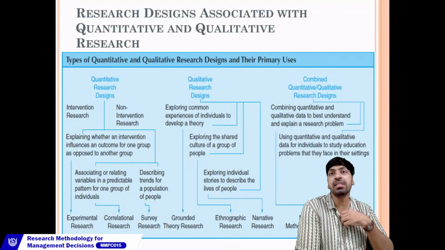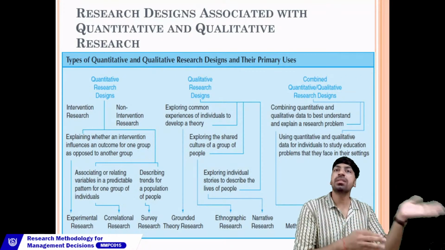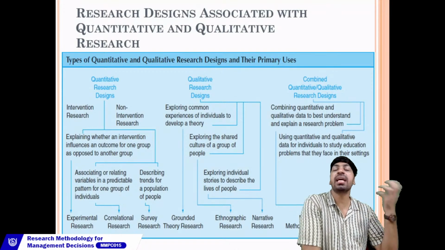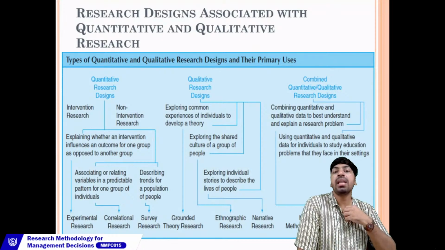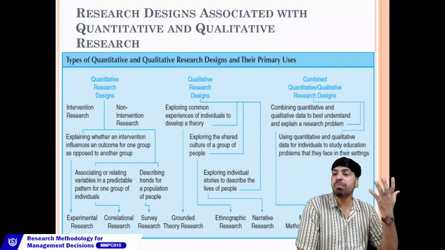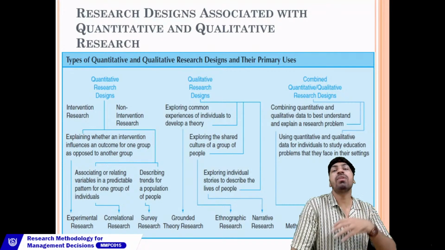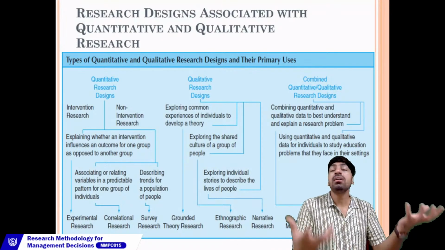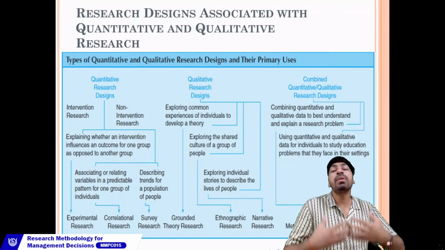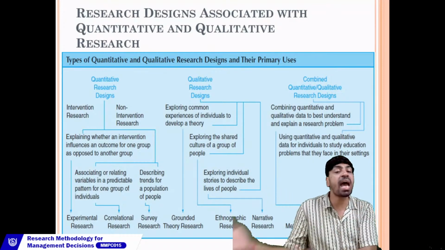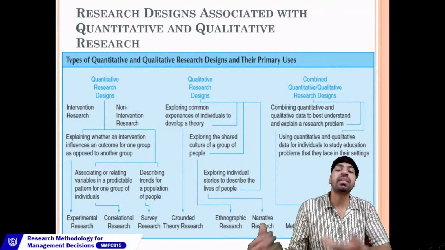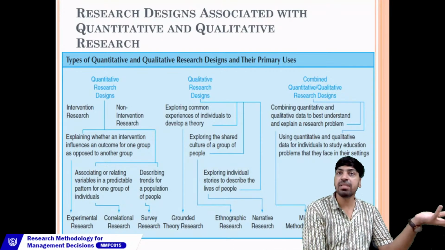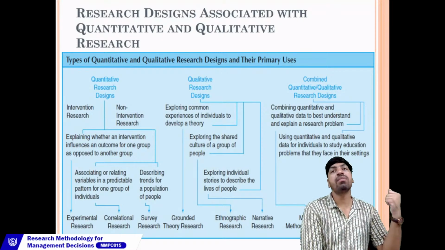So if I have experience using past theories relevant to human resource management, like the theory of motivation, and I apply it in my own life experiences and explain that experience to different readers, so as to develop a new theory and apply it in a new study, that's called grounded theory research. So I apply the old experiences of individuals to develop a new theory.